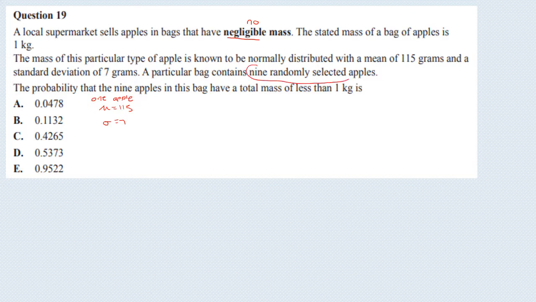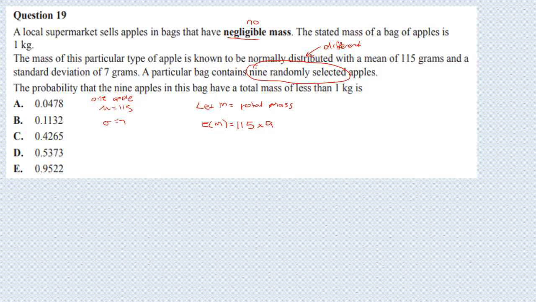Because we're talking about 9 randomly selected apples, that implies that we've got 9 different apples that we're dealing with here. So what we're going to say is that if I was to let M equal the total mass, when I'm working out the expected value or the mean, what we're doing is we're taking the mean of one apple and multiplying by 9.